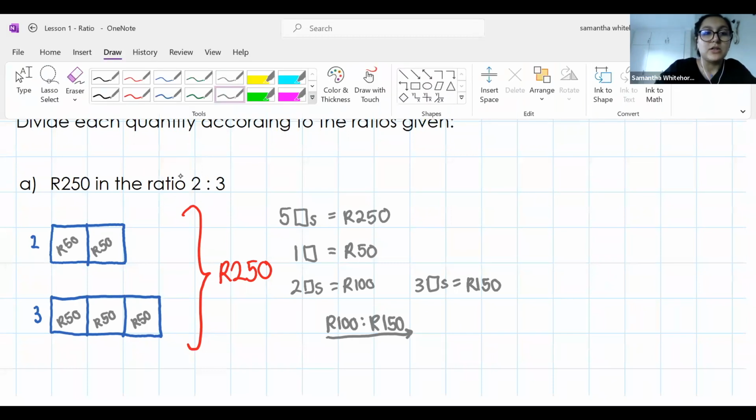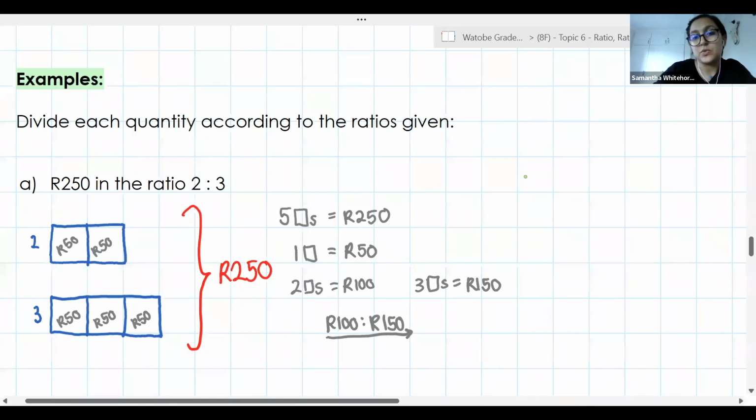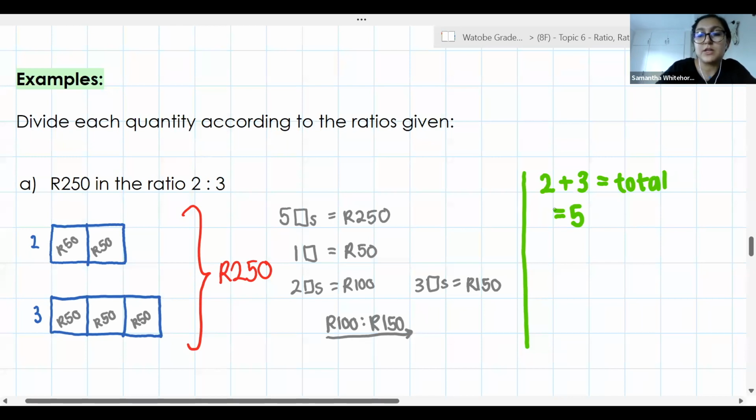Another way we can deal with these sorts of questions is, the first step that we would do is add our 2 values in our ratio together, because that represents the total of what I'm working with. So here, 5 represents my total. Once I know how much the total is, I can now take my amount and divide it by that total.